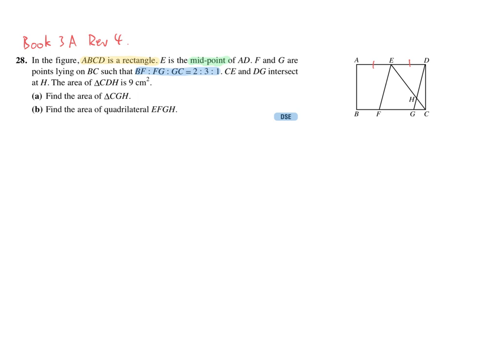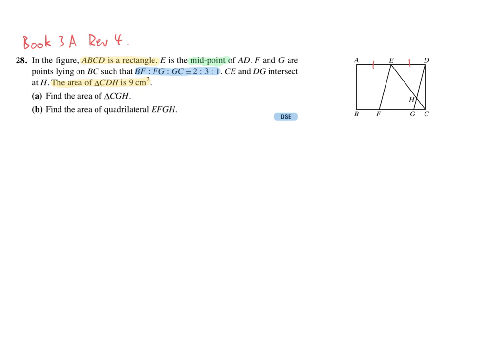So I just mark it, so maybe we know this point already. And then it is also given that the area of triangle CDH is 9 centimeters squared. So maybe we can pinpoint the ratio.